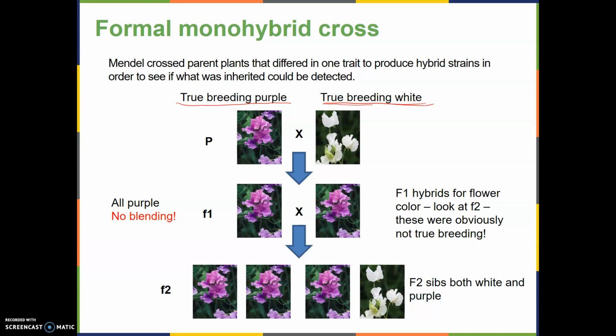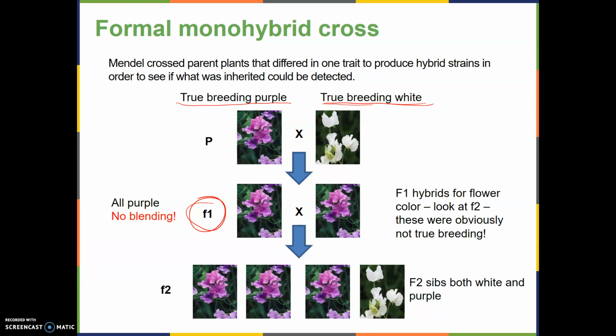They're not hiding any other versions of the flower color gene. They only carry either the purple or the white gene for flower color. But what is interesting is that the offspring in the F1 generation are all purple.